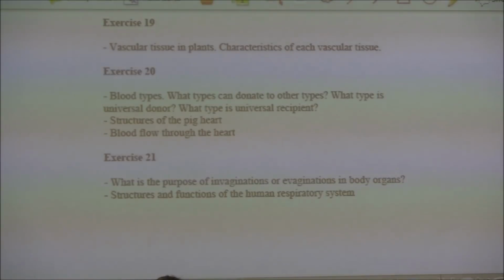So 3 things to xylem. Large hollow tubes, that's what it looks like. Its function is to transport water upwards, and it is non-living. Everybody get that down.